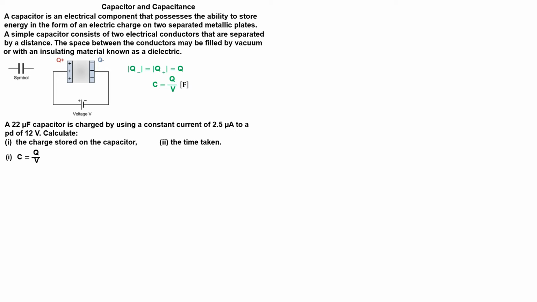So capacitance times voltage gives stored charge. The electric current is charge divided by time. So the time taken is charge divided by electric current.